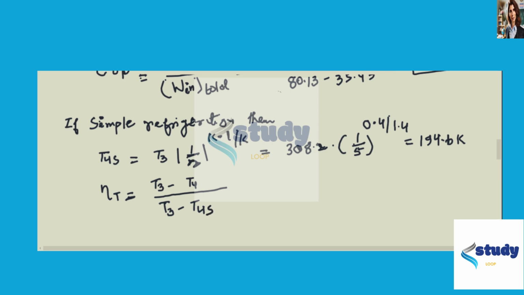Now substitute the value. Efficiency of turbine is given 85%, that is 0.85.